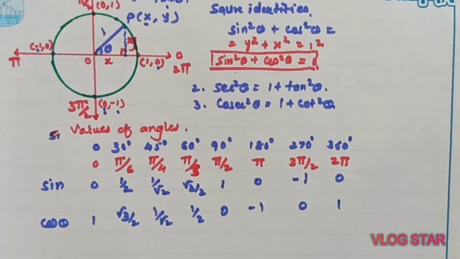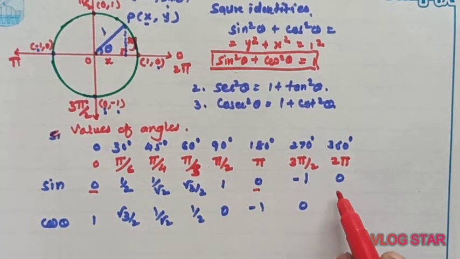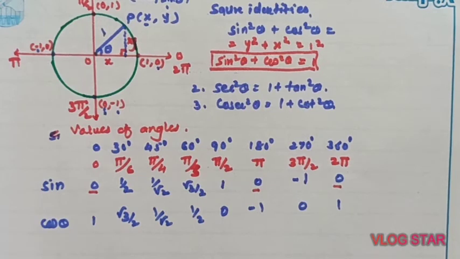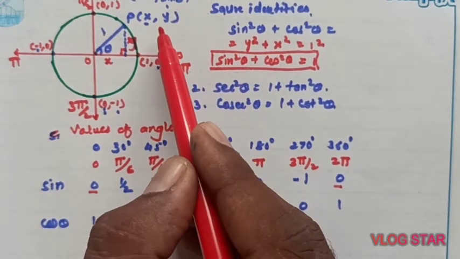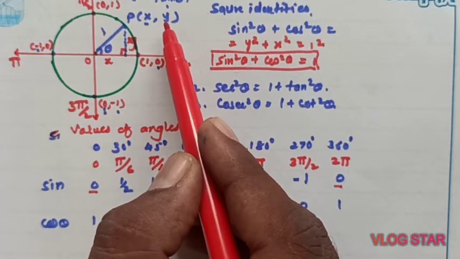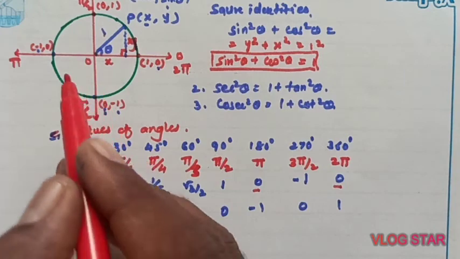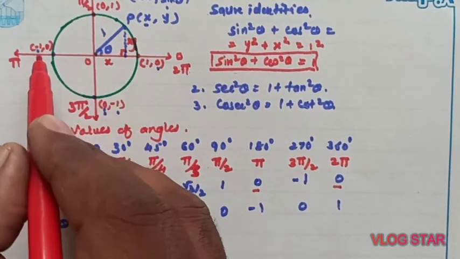My question is this: if you observe this table, sine is 0 for 0, pi and 2 pi. Sine means y coordinate. Whenever the y coordinate is 0, the point is on the x axis, either on this side or this side.